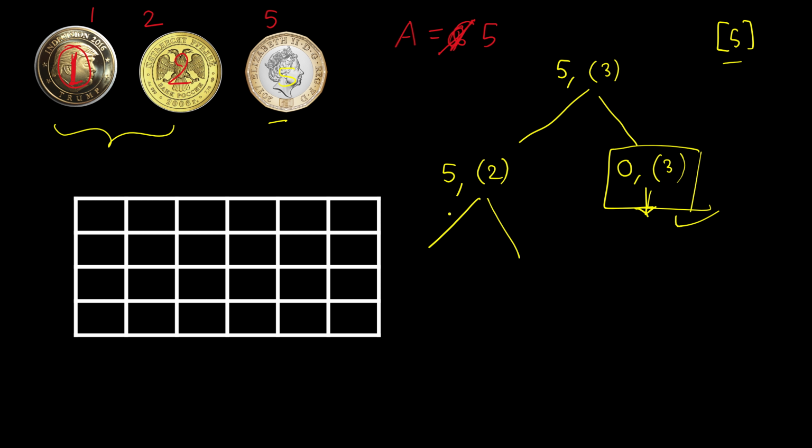Now let's solve it again. So we have to make 5 using just first 2 coins. So again with the similar logic, we don't take the last coin. So we have to make 5 using just 1 coin. And the second possibility is that we take this coin once. So what will happen? This denomination is 2.